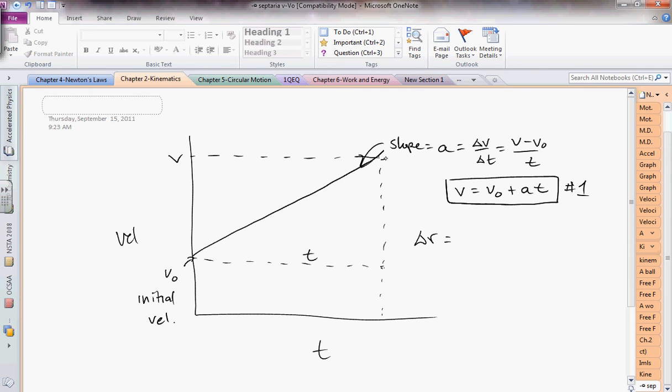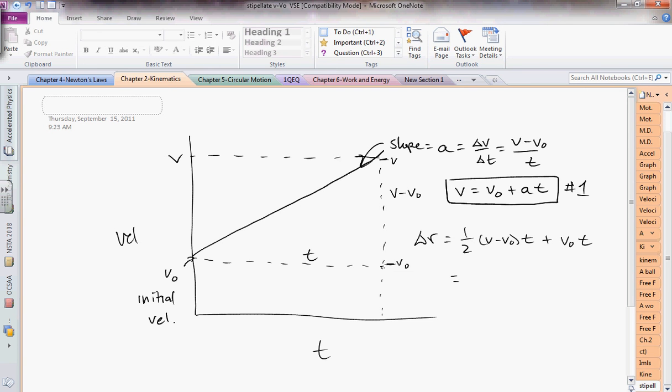The height of this triangle is a little bit trickier, but you can see that this total height of the triangle will be the final velocity minus the initial velocity. So for the triangle area, we'll have 1/2 times the height, v minus v naught, times the base t. So that's our triangle. Our rectangle will just be length times height. So that'll just be our height, v naught, times t.